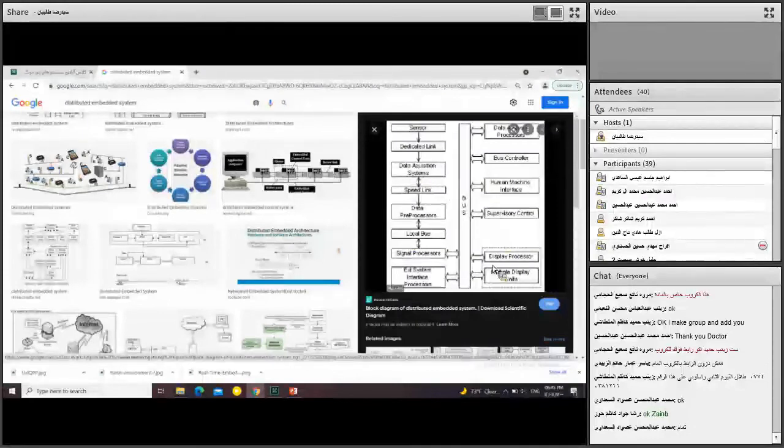Another block diagram of a distributed embedded system, like here.